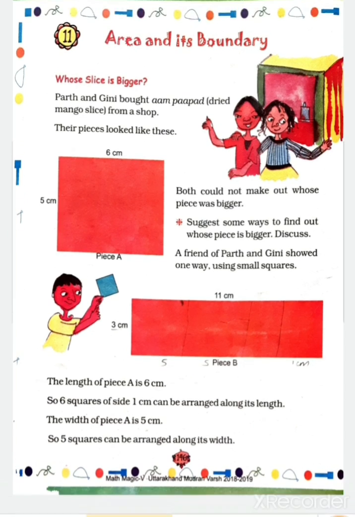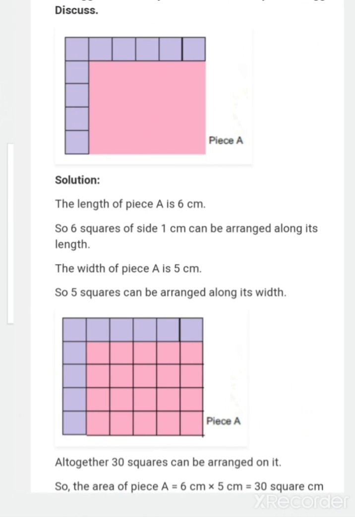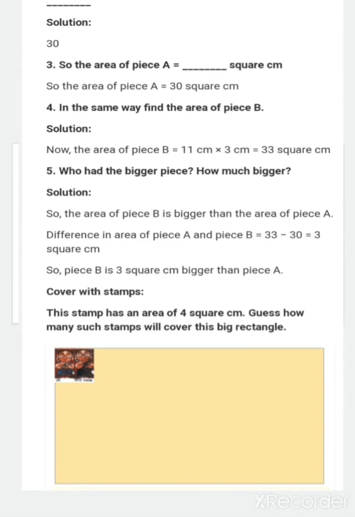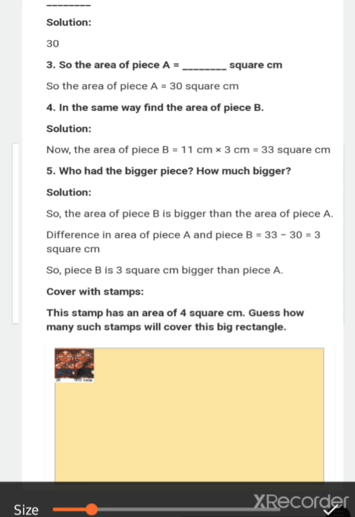Now after this, on the next page, it is this one, you have to fill. A bird is there, piece A, you have to find the area. This you will do. Now cover with stamps. Here you have to find how many stamps will cover this big rectangle, how many squares will cover it?